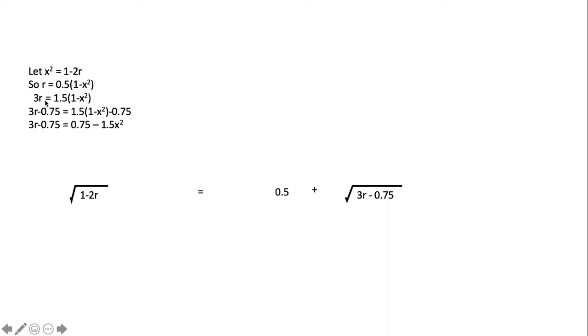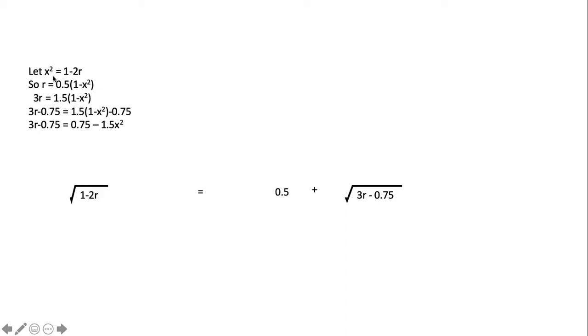So 3 times that is 1.5 times 1 minus x squared, and 3r minus 0.75 is 1.5 times 1 minus x squared minus 0.75, which simplifies a bit when you multiply it out to 0.75 minus 1.5x squared. Well, why have I done that? Well, that's because 3r minus 0.75 is this thing in the square root over there.